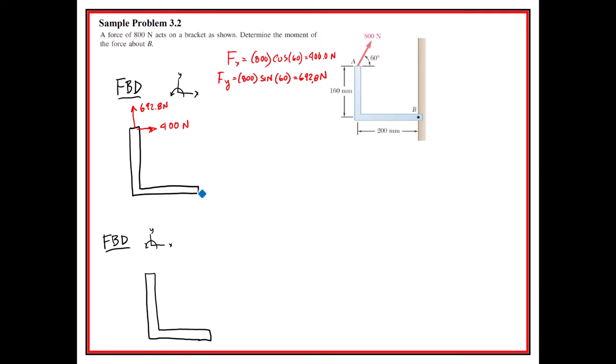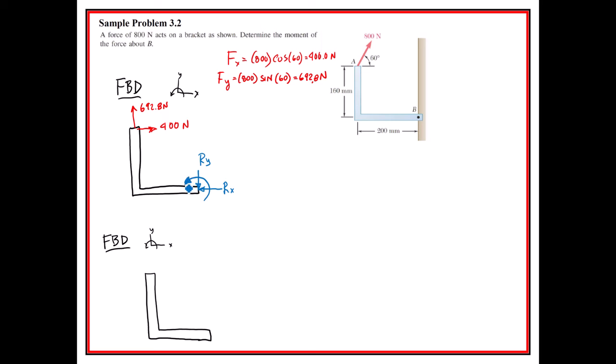And just from observation, I know that the reaction here in the y direction must be down. The reaction here in the x direction must be to the left. And now I need to have a moment reaction. Generally speaking, I choose as my default counterclockwise if I'm not sure.